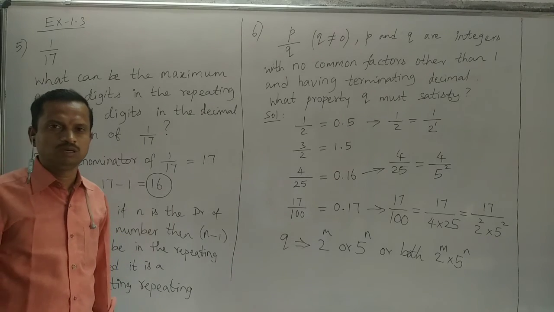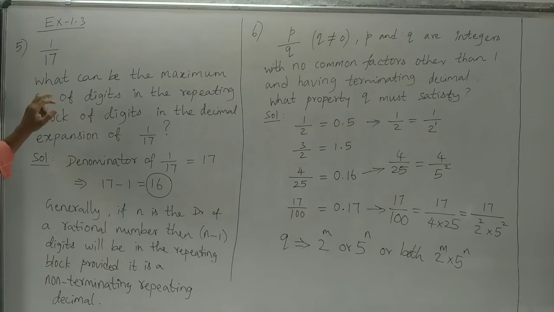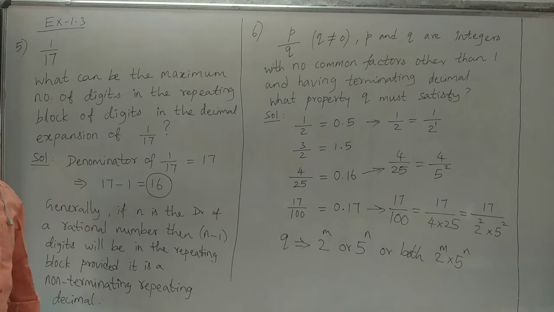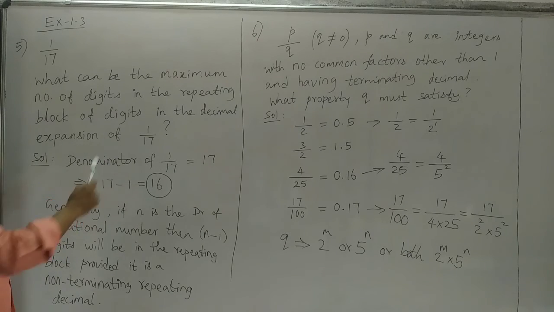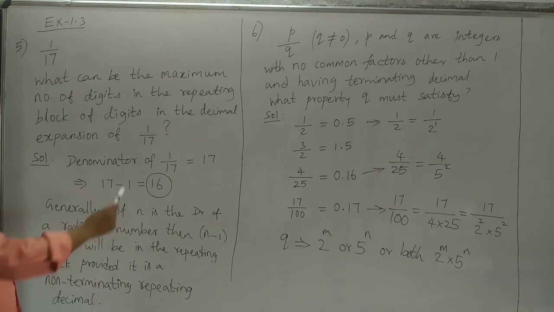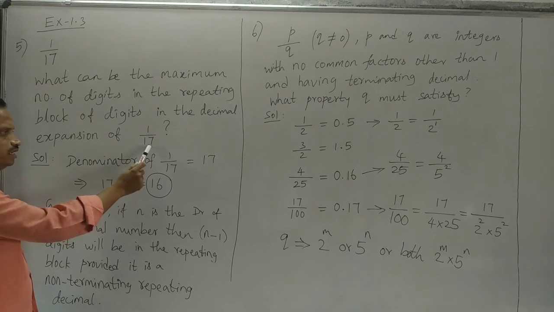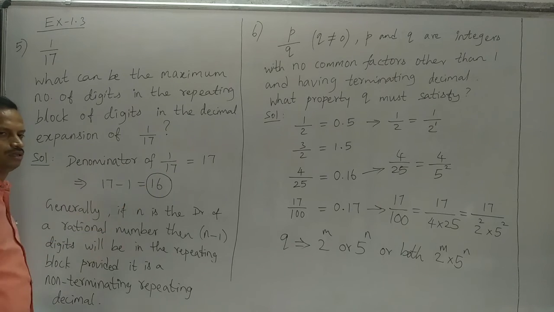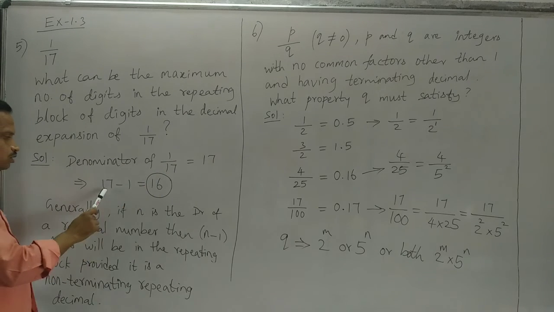And now coming to question number 5. What can be the maximum number of digits in the repeating block of digits in the decimal expansion of the given rational number 1 by 17? So the denominator of 1 by 17 is 17. So you have to subtract 1.